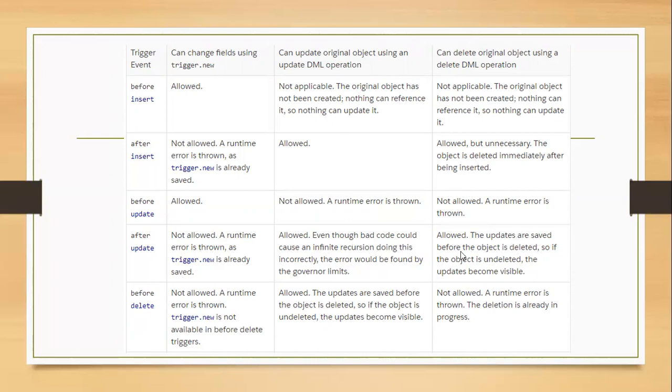Before delete: allowed. The updates are saved before the object is deleted. So if the object is undeleted, the updates become visible. After delete: not allowed, a runtime error is thrown, as Trigger.new is not available in before delete and after delete triggers. Allowed: the updates are saved before the object is deleted. So if the object is undeleted, the updates become visible. After undelete: not allowed, a runtime error is thrown, as the deletion is already in the process.